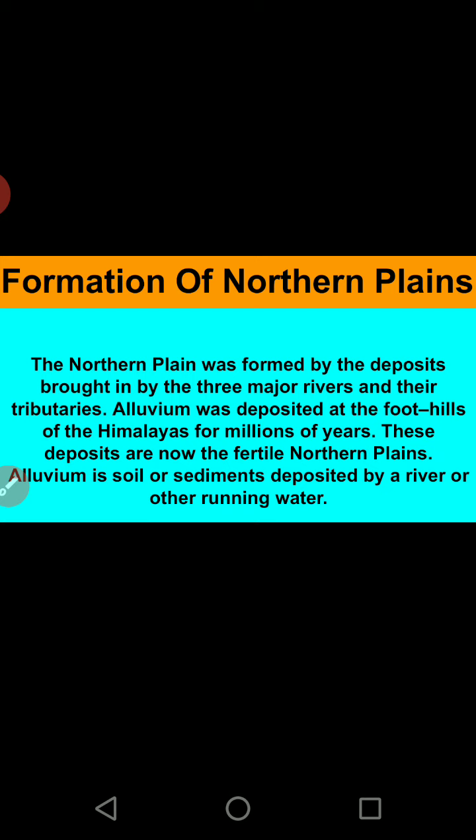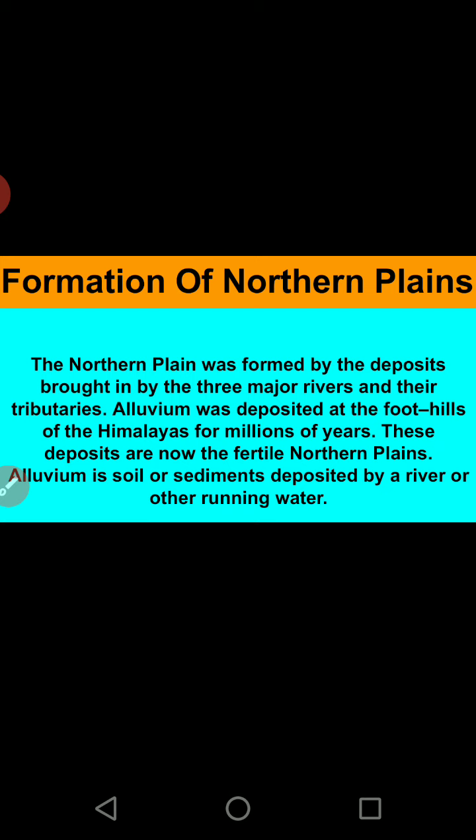We have a second most important feature of India, that is the northern plain, that is the foothills of Himalayas, where our Punjab, Haryana, Uttar Pradesh, Bihar, West Bengal and Assam are lying. These are plains. Now how have these plains formed? Northern plains were formed by deposits. By whom?